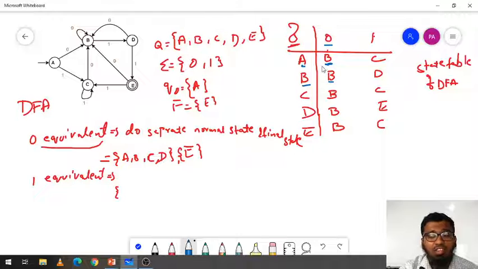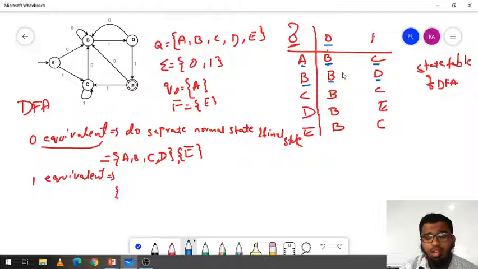Both next states are the same, then you need to check whether A and B are in the same set. Yes, both are in the same set. Or you can check this also: A on 1 is C and B on 1 is D. Here it is different, but if any one of 0 or 1 is satisfied and goes to the same state, then this is equivalent.